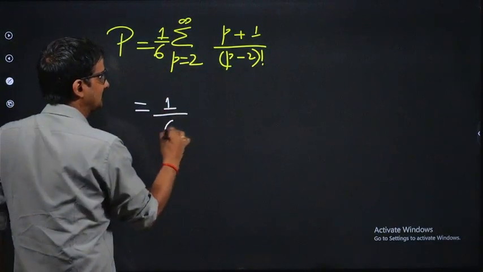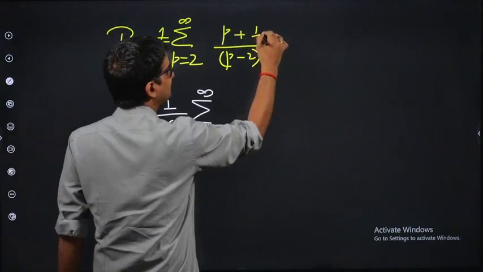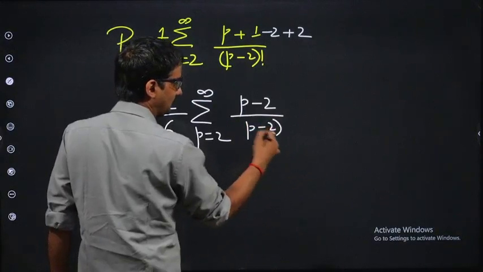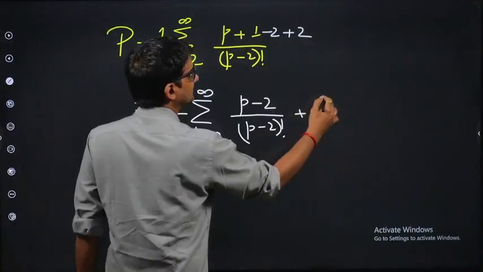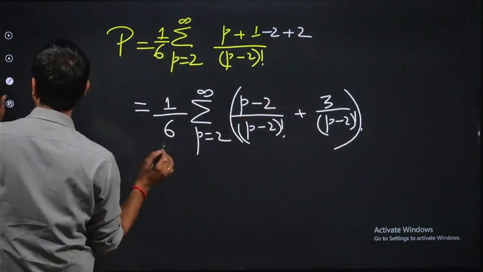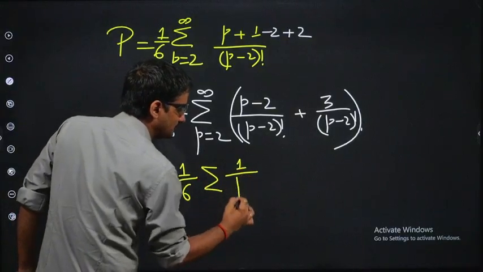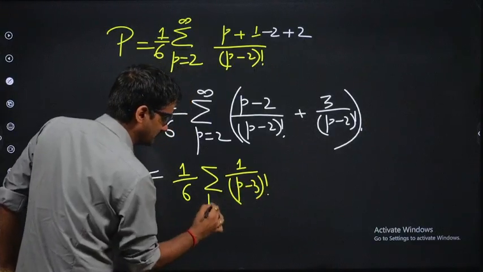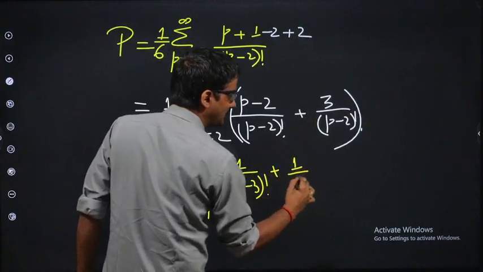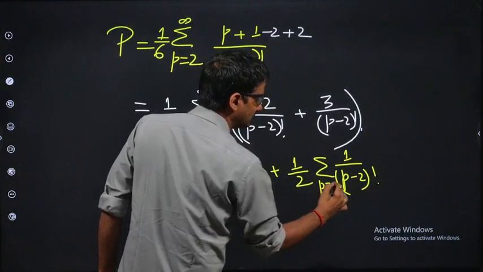If we add 2 and subtract 2, I'll write it as (p minus 2) upon (p minus 2) factorial, one thing, and then 3 upon (p minus 2) factorial. So it's 1 by 6 times the summation of 1 upon (p minus 3) factorial, p equals 2 to infinity, and then 3 by 6, which is half, times the summation of 1 upon (p minus 2) factorial, p from 2 to infinity.